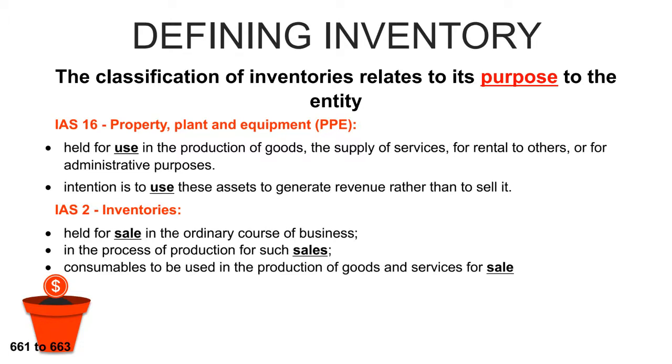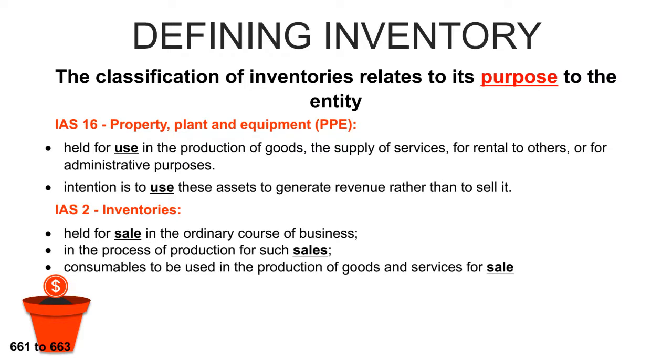Because their business is to sell laptops, right? And with this entity, what you'll find is they will classify the building as what? PPE, right? So it will go under IAS 16. Okay, it will go under IAS 16.